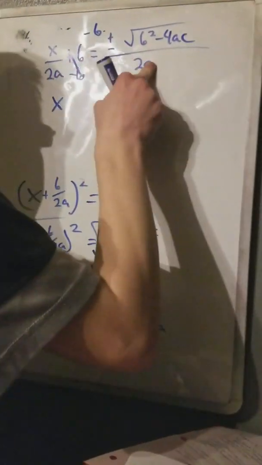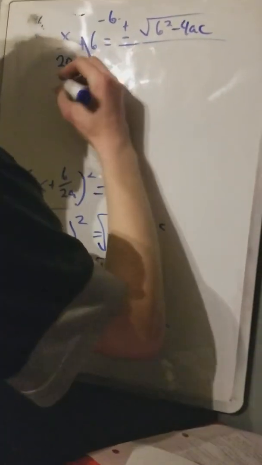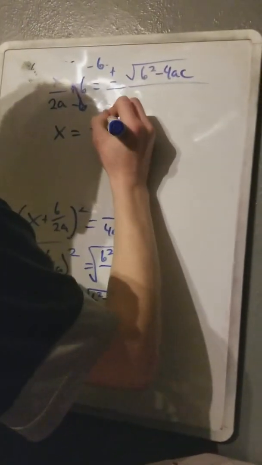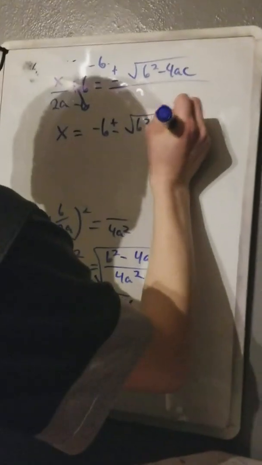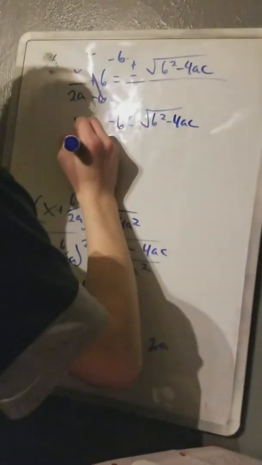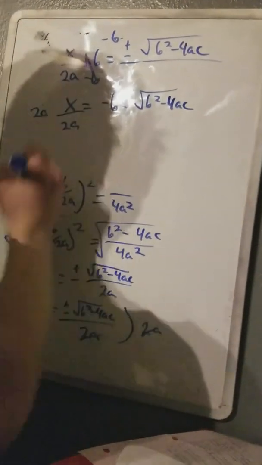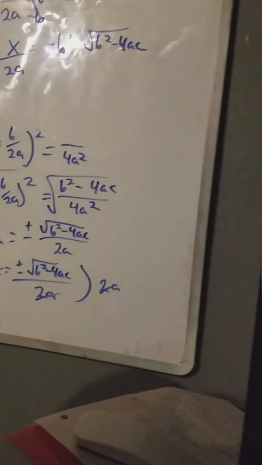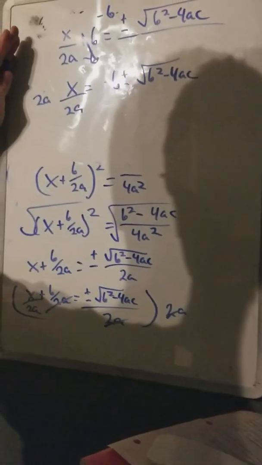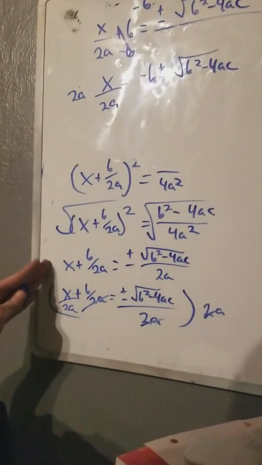Subtract the b. Subtract the b. x, oh, this is not here anymore. I don't know why I put that there. Okay. x equals negative b plus or minus the square root of b squared minus 4ac. Remember, we had the 2a over here. I just messed something up. We're going to rewind this a bit.